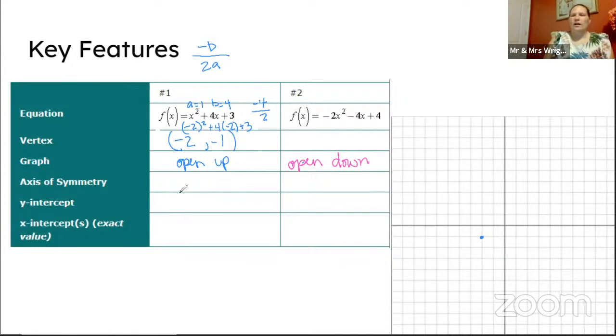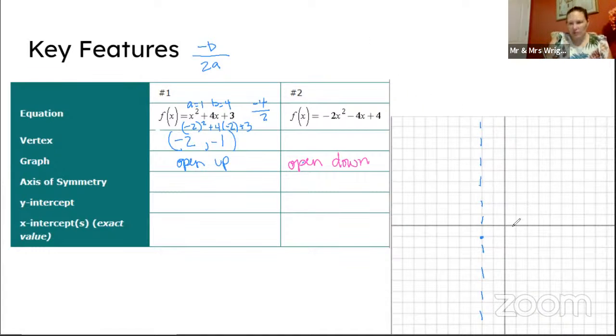All right, well, that's kind of helpful because we know what direction it's going to be, but we don't know how wide or skinny it's going to be. So we got to kind of figure this out. Axis of symmetry, we know, goes straight through the vertex. We already kind of talked about that. So remember our first graph we did in this lesson, we had an axis of symmetry that was right through the origin for this standard equation.